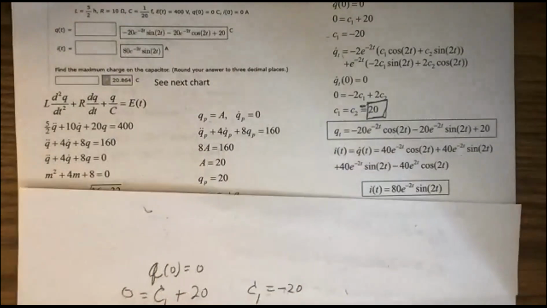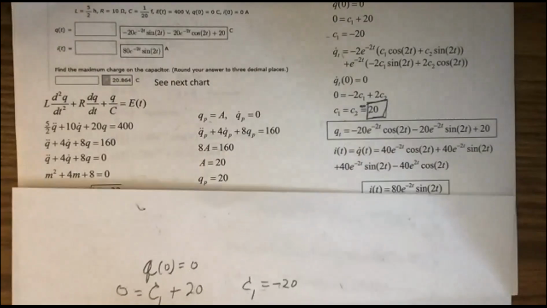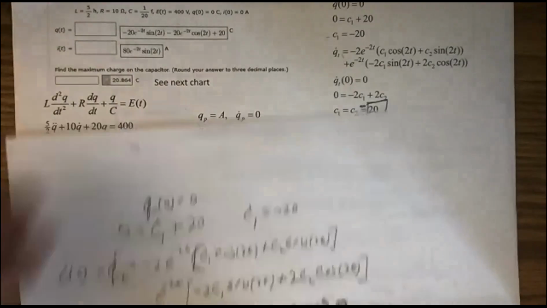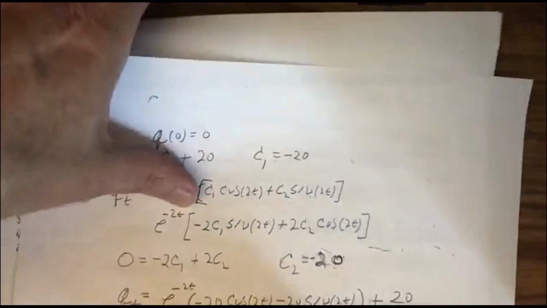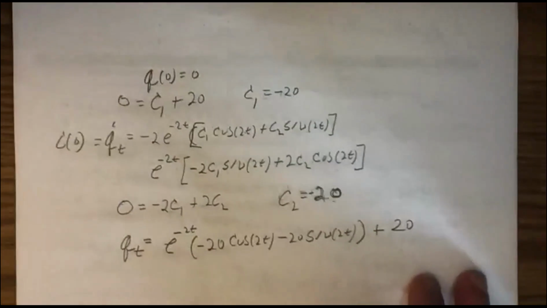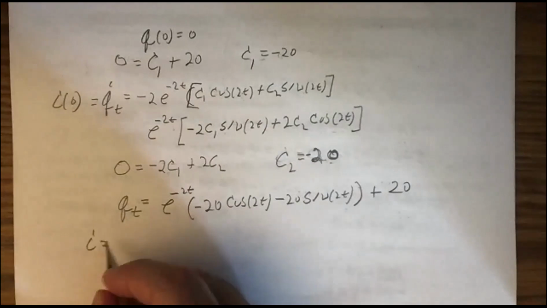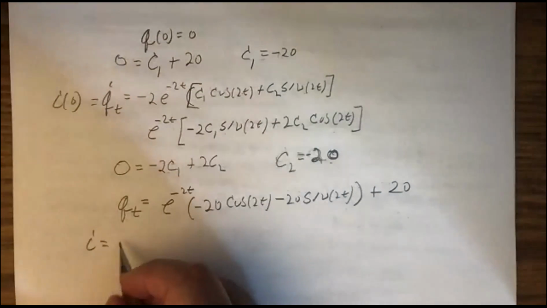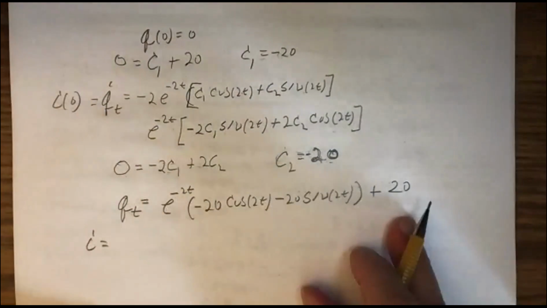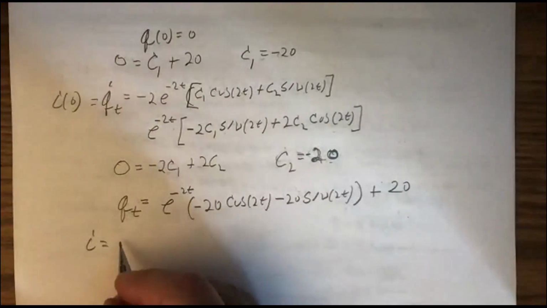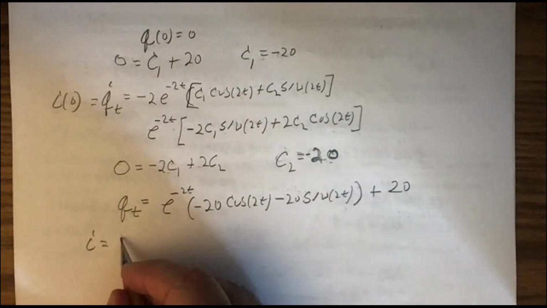I just take the derivative of this to calculate the current. Remember the current I is just, well, we already did it up here, but now with the numbers in here, we can calculate what the current is as a function of time, right?